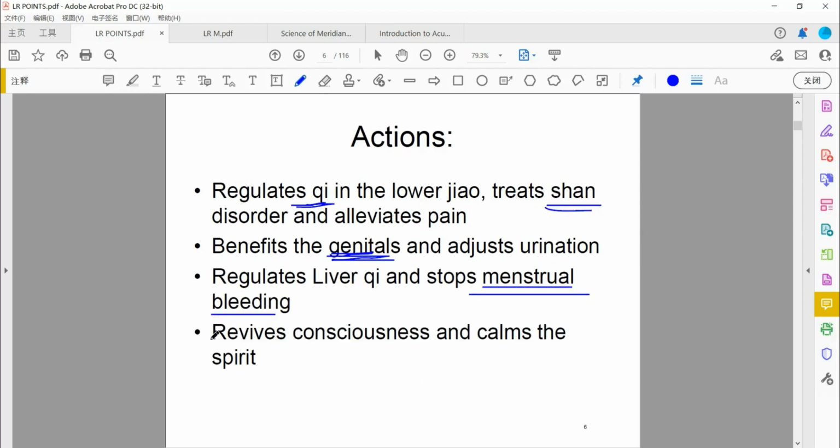And as a jing-well point, it's good to revive consciousness and calm the spirit, because it can clear the heat.